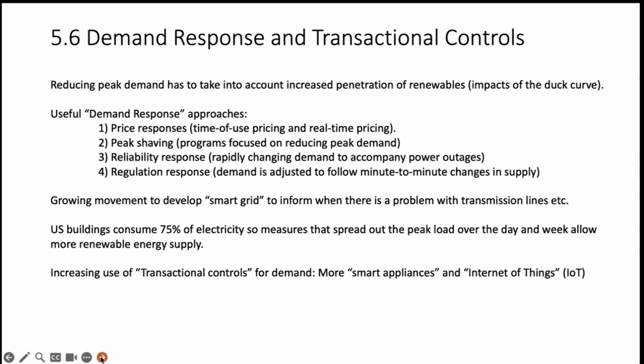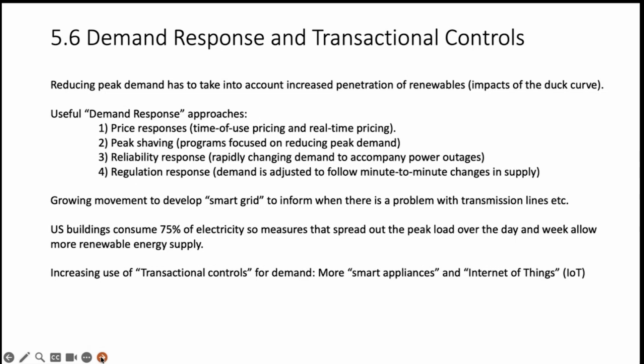So one of the demand response approaches is price response, which relates to time of use pricing and real-time pricing. If you use electricity when the demand is low, you get a cheaper rate than if you use it when it's high. Peak shaving, which focuses on reducing the peak demand.